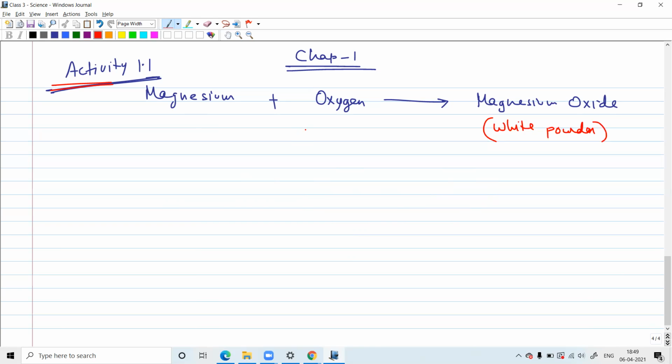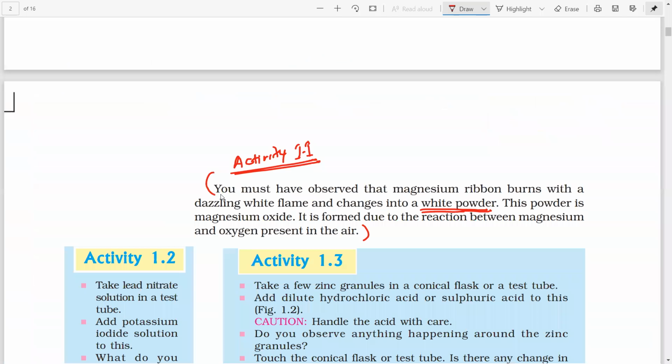So let's just leave it at that as of now. Everyone is clear with this activity 1.1?